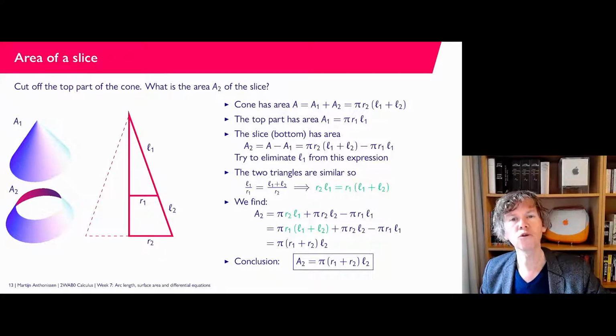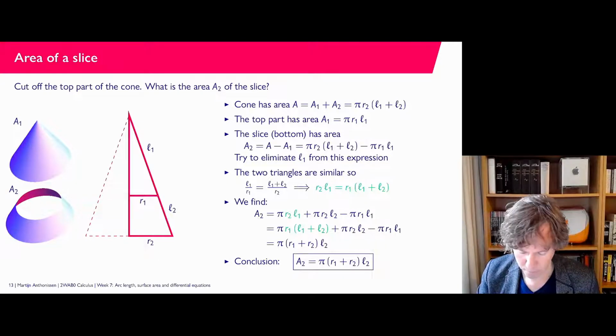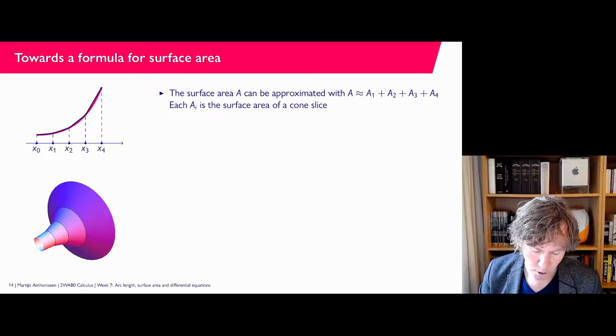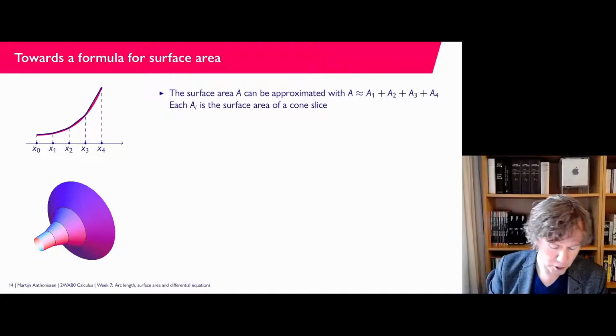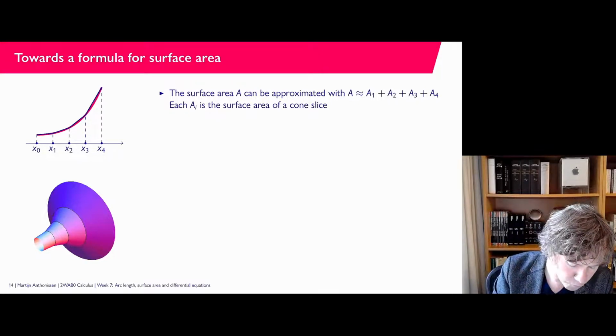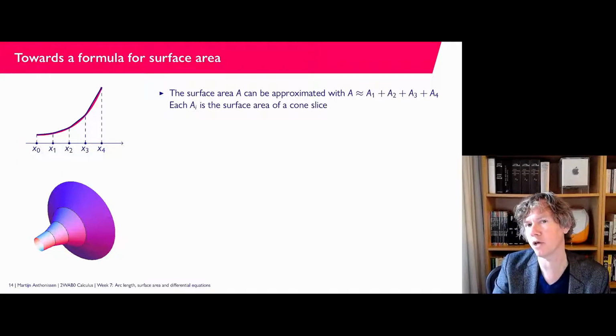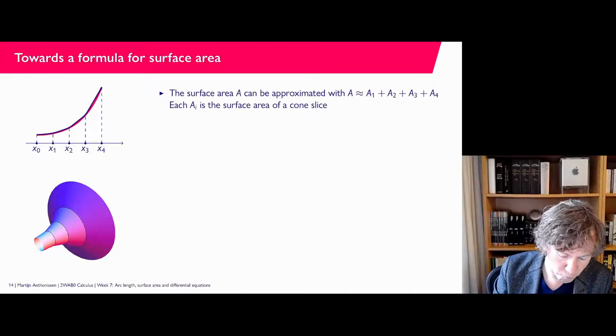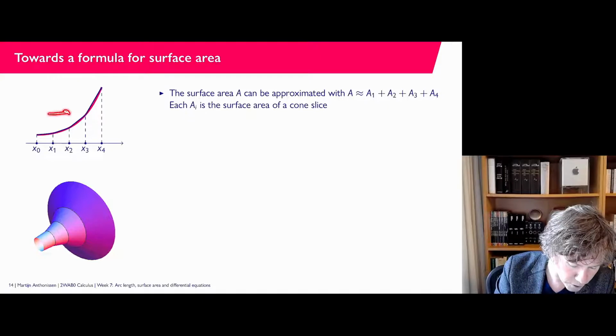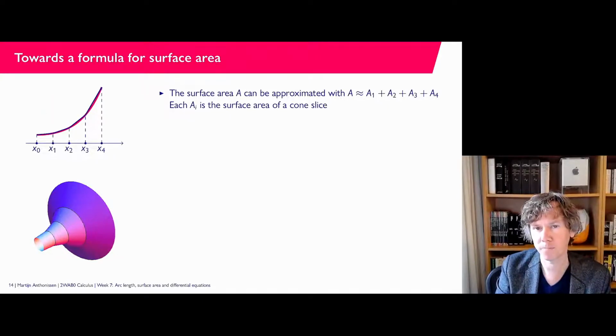So again, we're going to derive an integral here, but it's of course going to be a little bit different. Here I cut the interval, so I'm going to look at the function from x0 to x4, so that's my interval AB. I cut it into 4 equal bits, so every bit here has width delta x, like we did before.